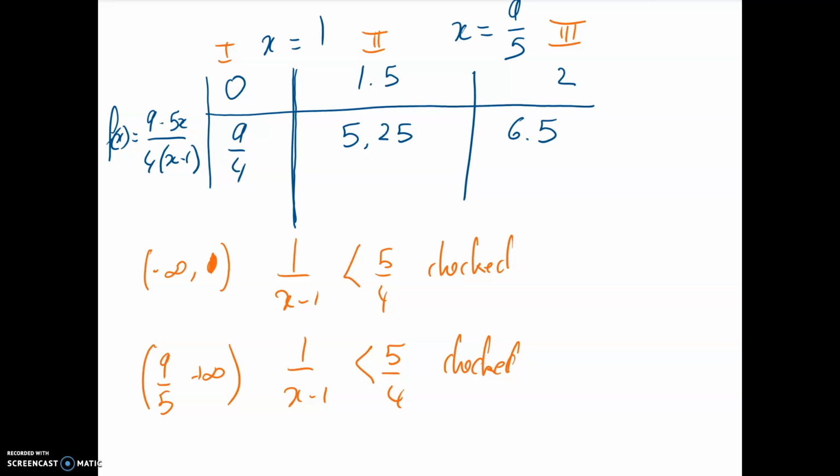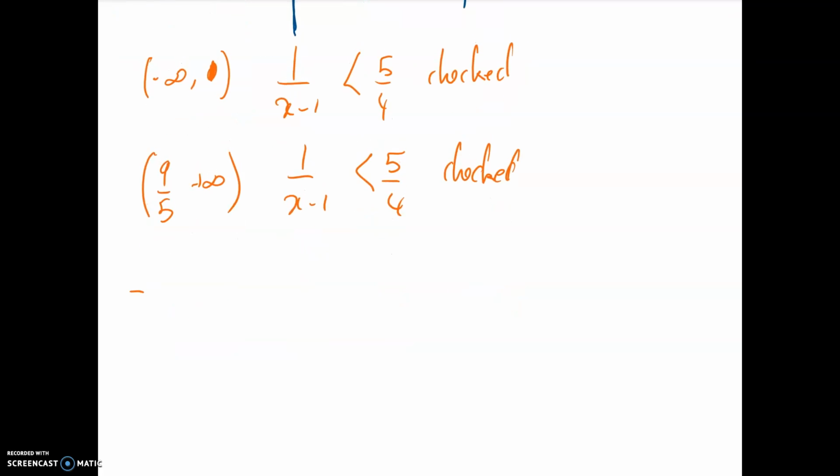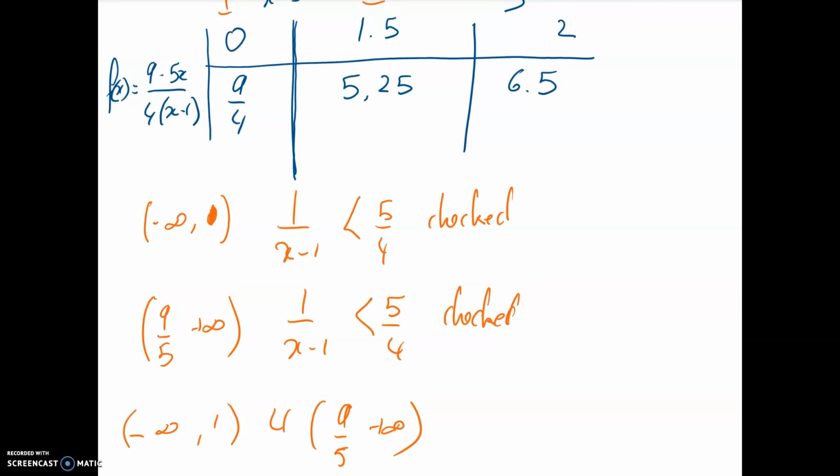When I substitute x equals 2 inside my inequality, it is also checked. So I can clearly define that the set of solutions is going to be negative infinity to 1 union 9 over 5 to plus infinity. At least let's check that x equals 1.5 doesn't work.